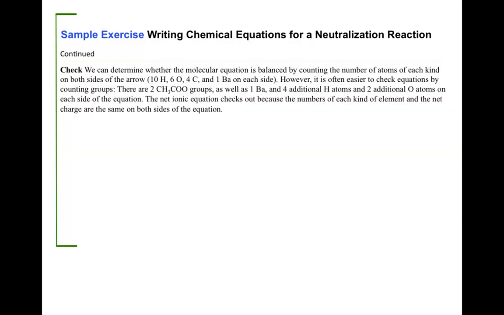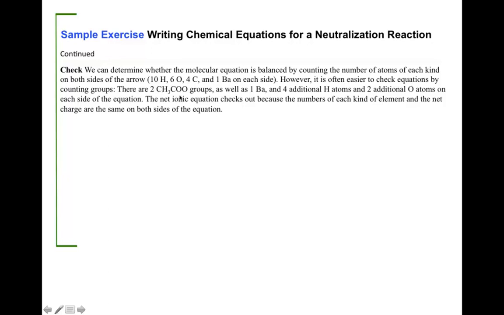So we can determine whether the molecular equation is balanced by counting the numbers of atoms of each kind on both sides of the arrow. That will mean that we're going to have 10 hydrogen, 6 oxygen, 4 carbon, and 1 barium. However, it is often easier to check equations by counting groups. As we mentioned for the acetate, instead of counting 2 carbons, 3 hydrogens, and 2 oxygens, as we have here, we can count this as 1 acetate.